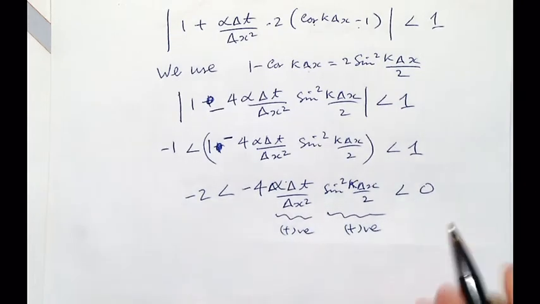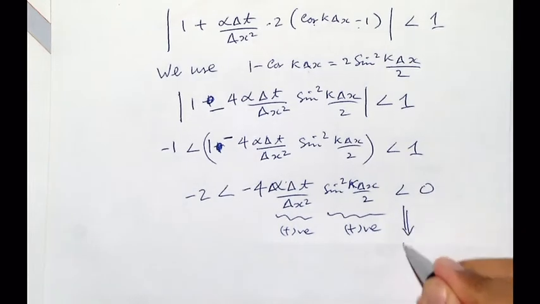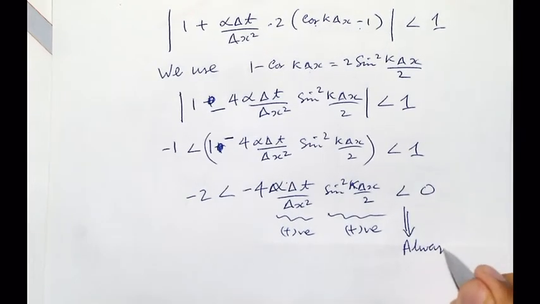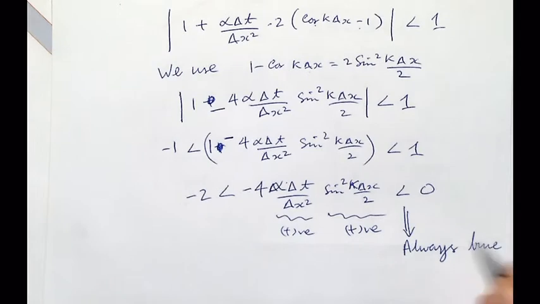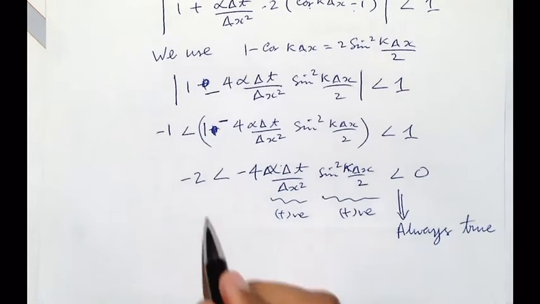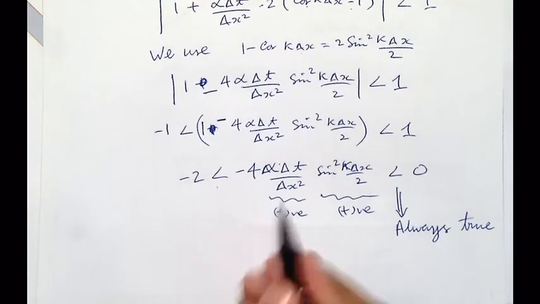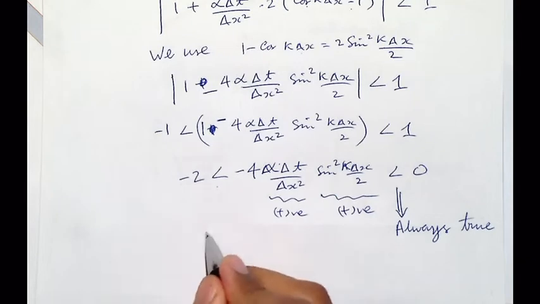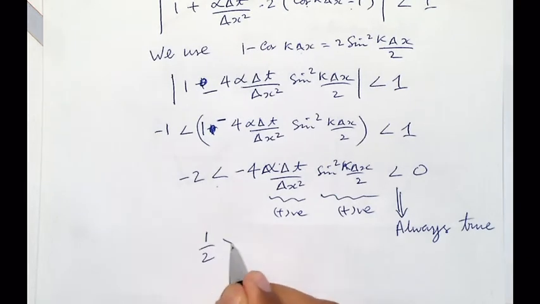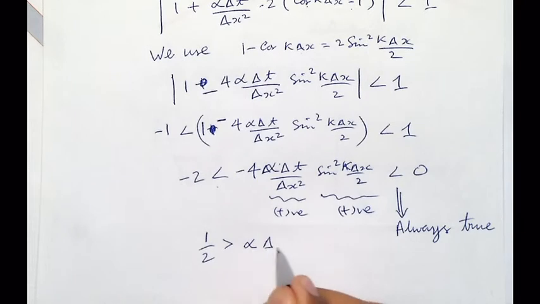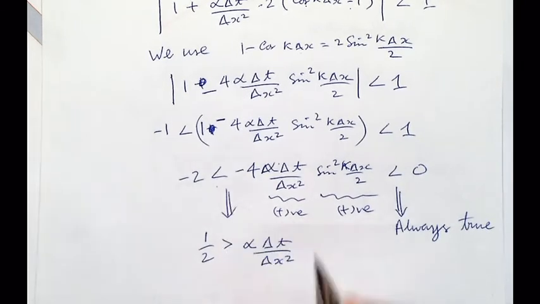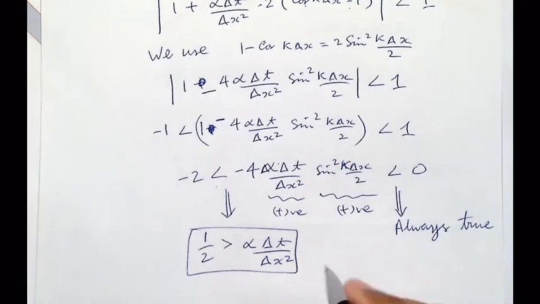There's a minus here, so this is always true. Now, the remaining condition is over here, and if we take minus 4 to the other side, it becomes one half is greater than alpha delta t over delta x squared. And this is the condition, right? This is the stability condition.